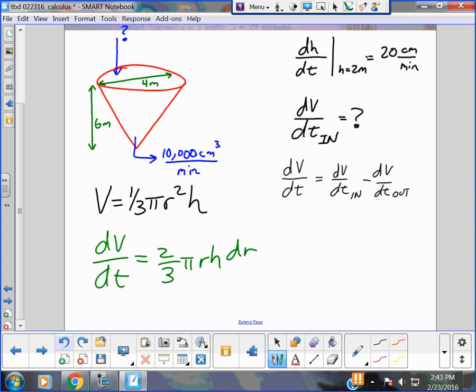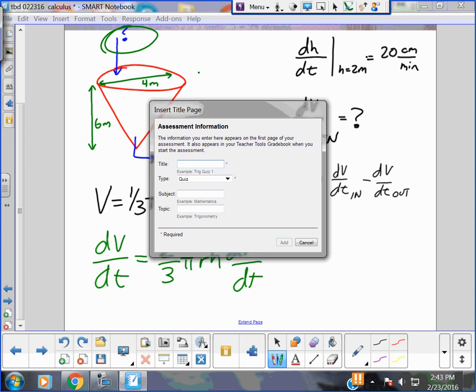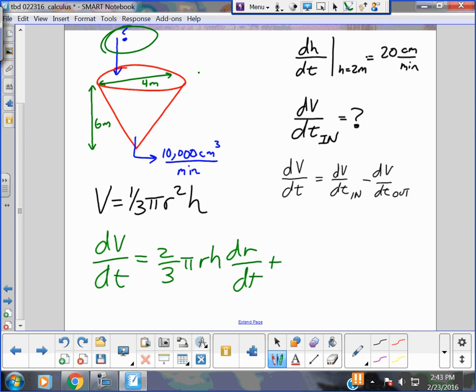We're trying to find the volume coming in. Okay. And if I want to take the derivative with respect to time, well, I can. And if I do it with r and then h, you guys should see how this happened. You should be able to follow this. We don't want to really do this.